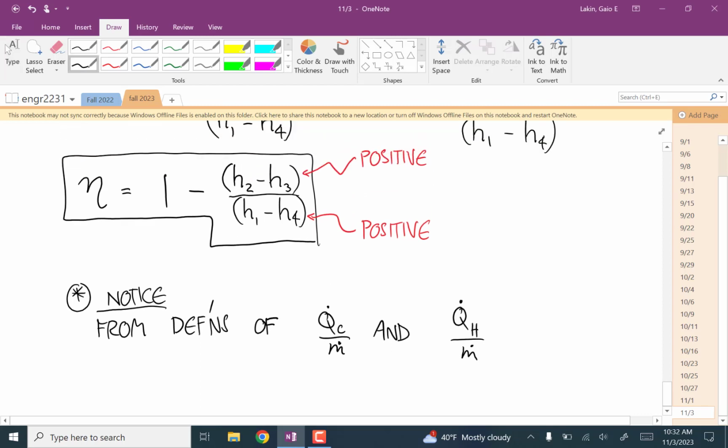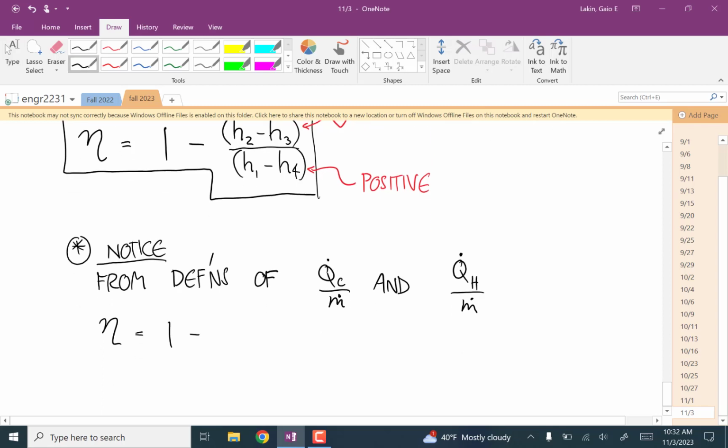This equation above, you can rewrite that as 1 minus QC dot over M dot divided by QH dot over M dot, which is the same thing as 1 minus QC dot over QH dot, which is the same as 1 minus QC over QH.